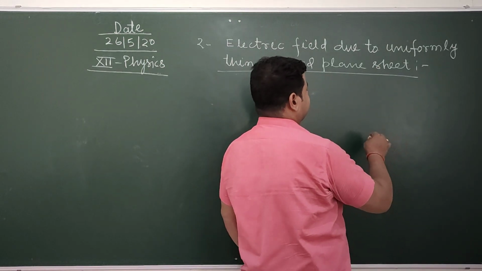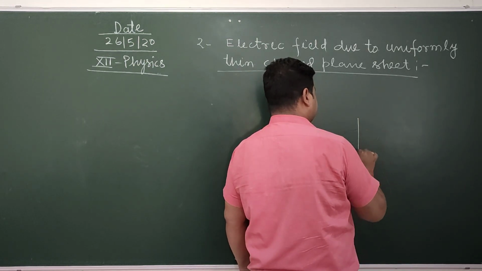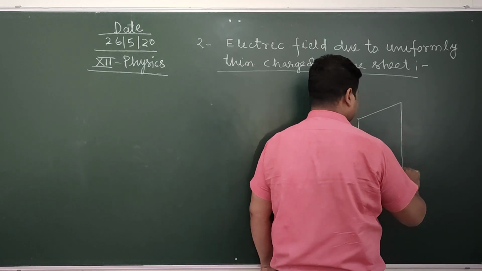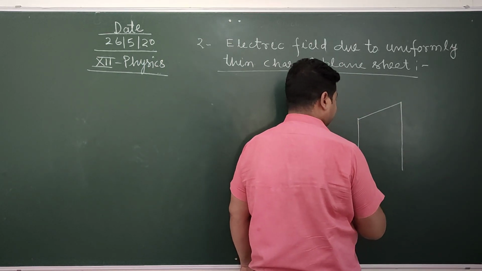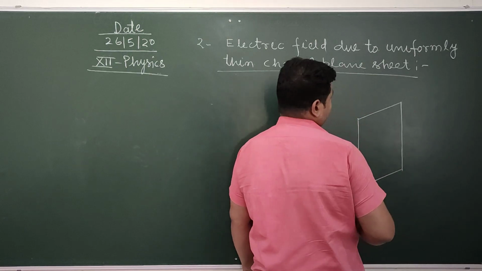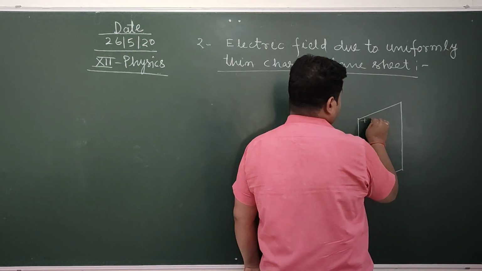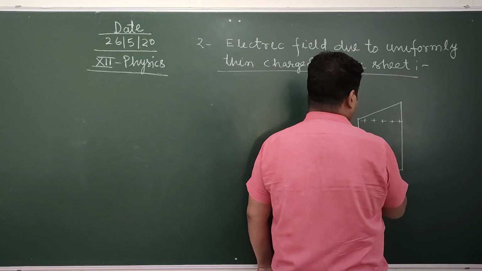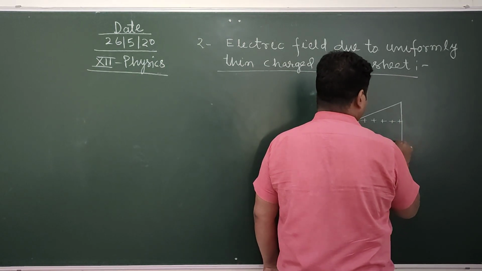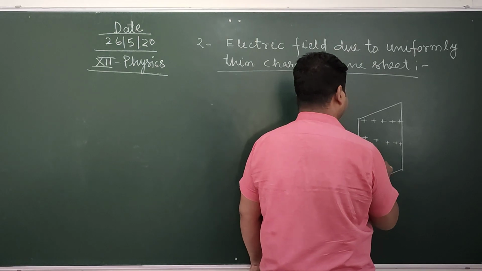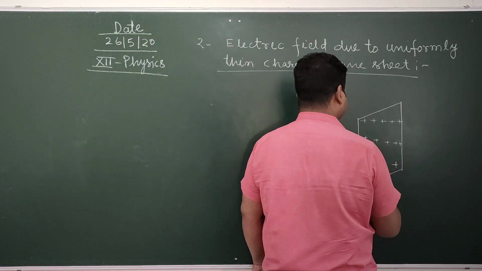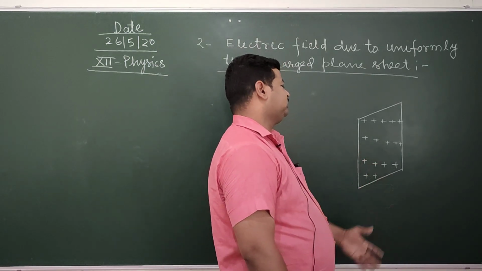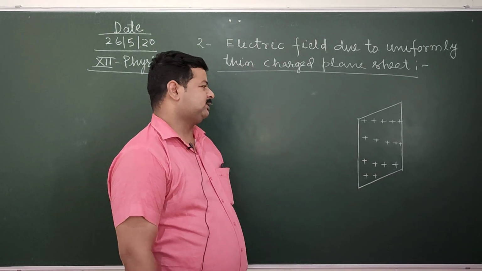So first of all, we draw the diagram. Let us assume that this is a charge plane sheet and positive charge is given on the surface. That charge will be uniformly distributed over it. Here we calculate the electric field due to this charge plane sheet.